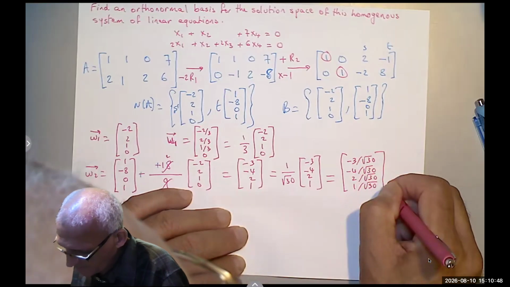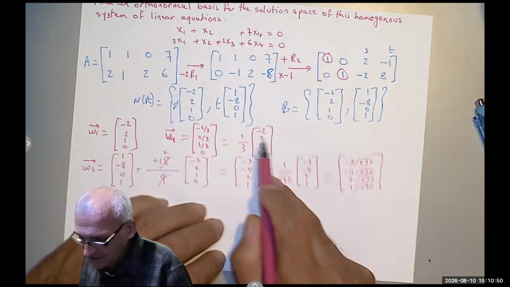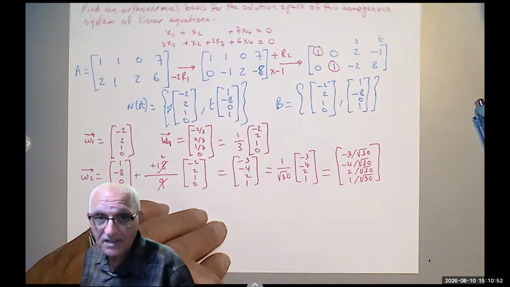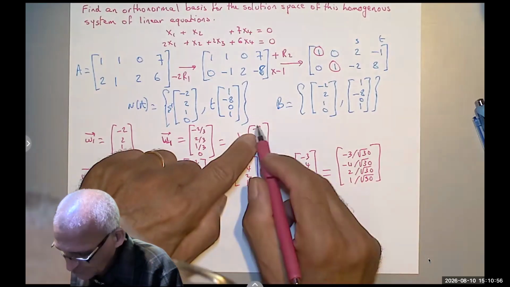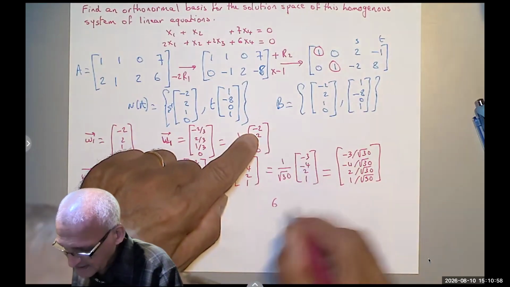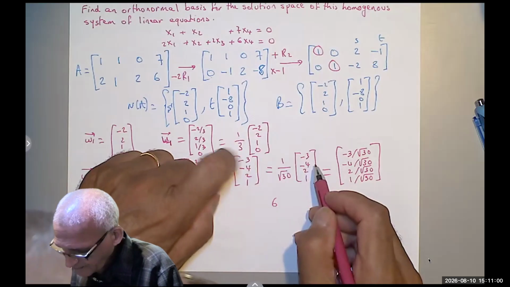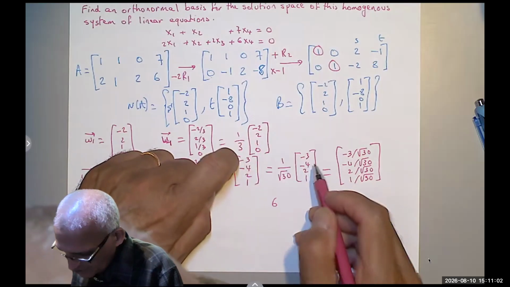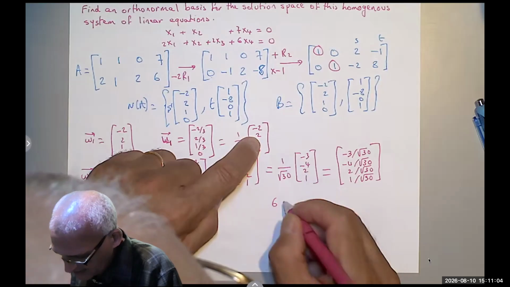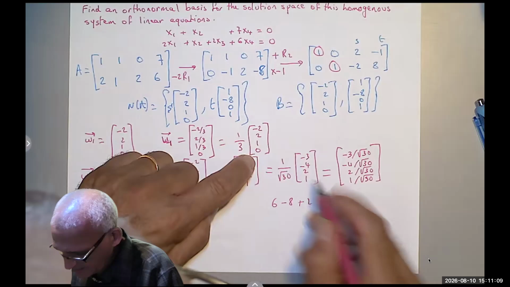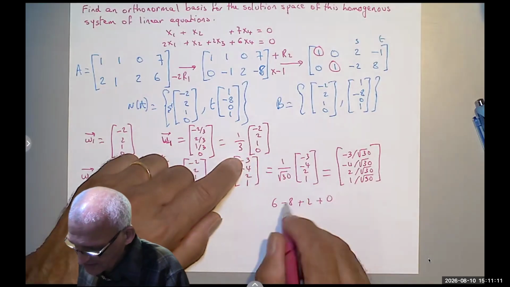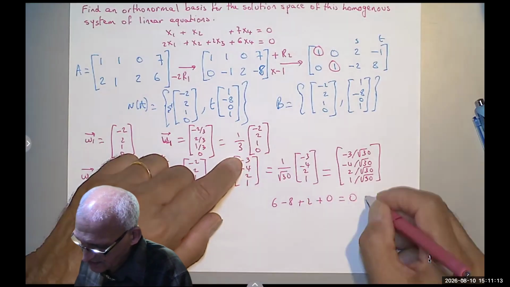Now, the final step is to check to see if these two vectors are perpendicular to each other, if their dot product gives me 0. So I get -2 times -3 is +6, 2 times -4 is -8, 1 times 2 is 2, and 0 times 1 is 0. 6 plus 2 is 8, minus 8 is 0.